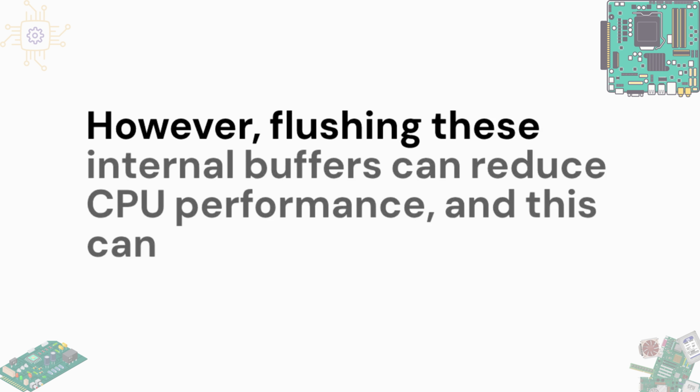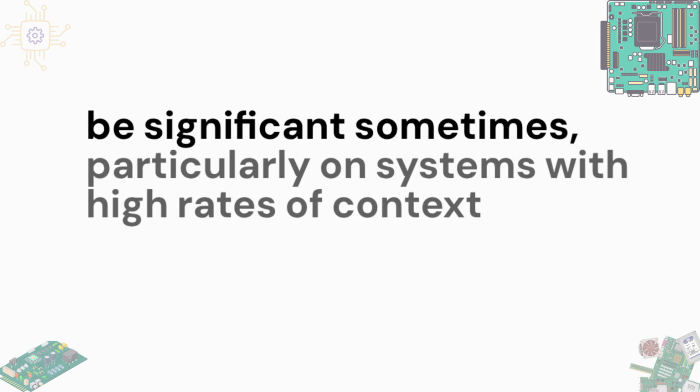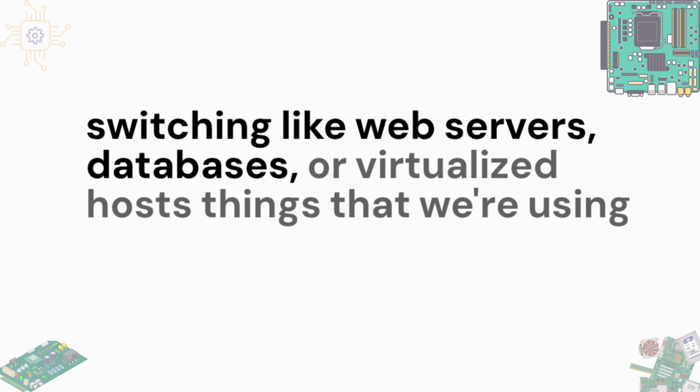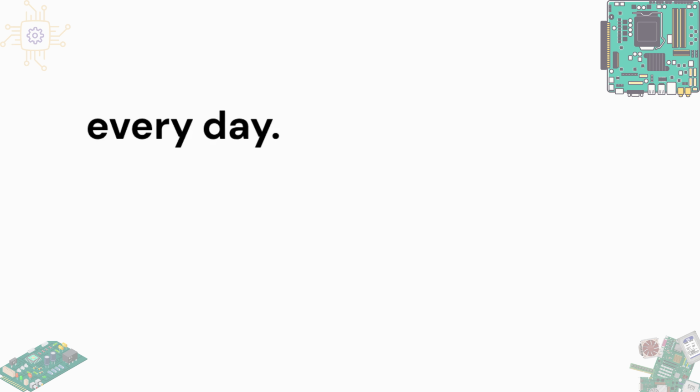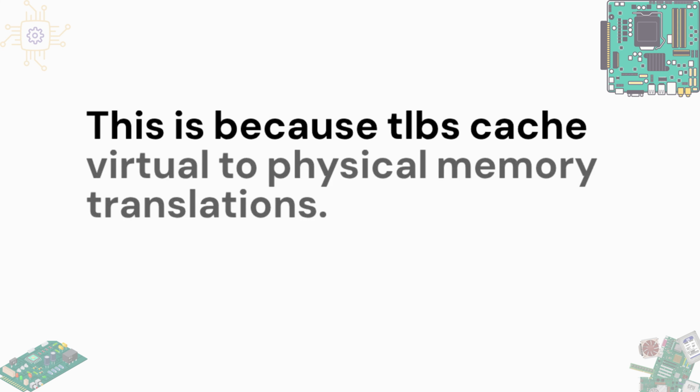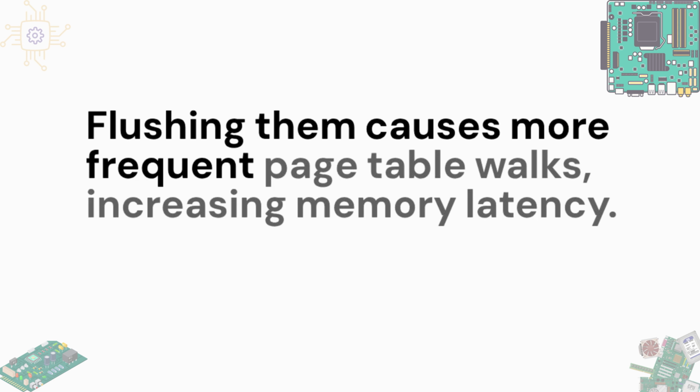However, flushing these internal buffers can reduce CPU performance, and this can be significant sometimes, particularly on systems with high rates of context switching, like web servers, databases, or virtualized hosts, things that we're using every day. This is because TLBs cache virtual to physical memory translations. Flushing them causes more frequent page table walks, increasing memory latency.